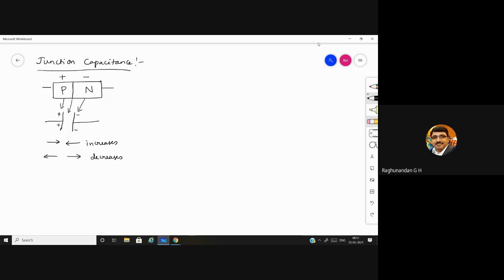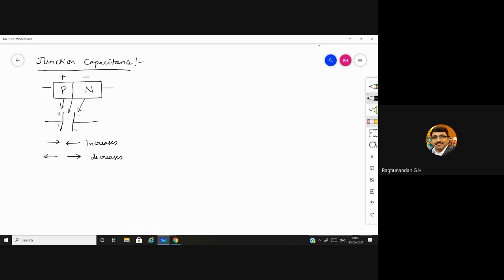Now try to think, when do we observe the movement of plates closer together in the P and N layers, and the movement of plates away from each other in the P and N layers?